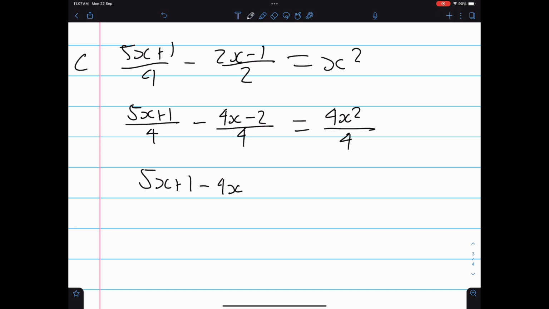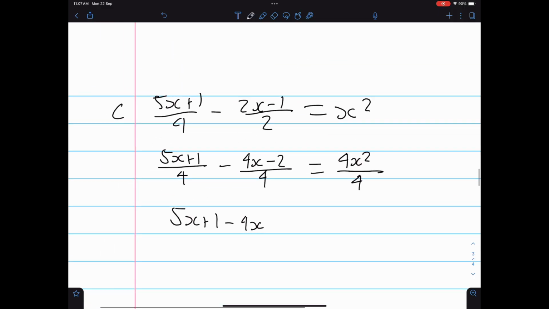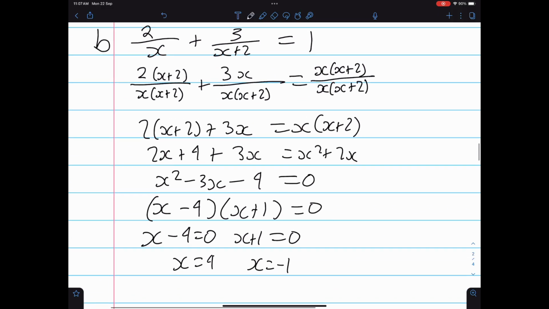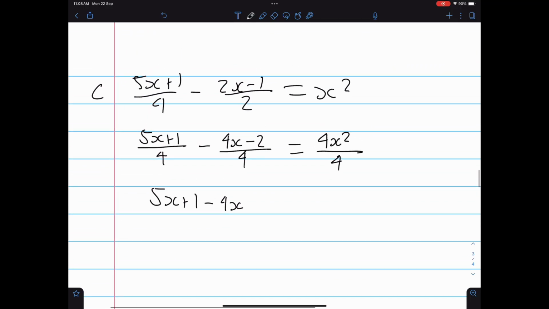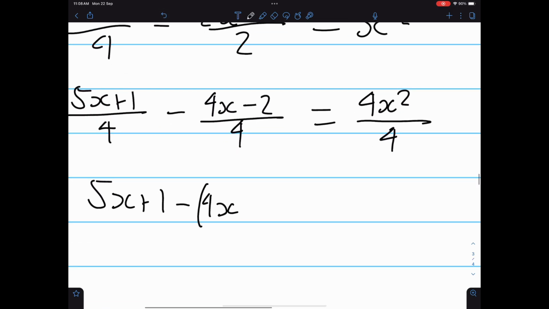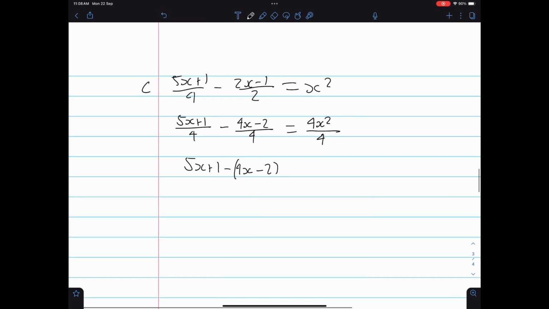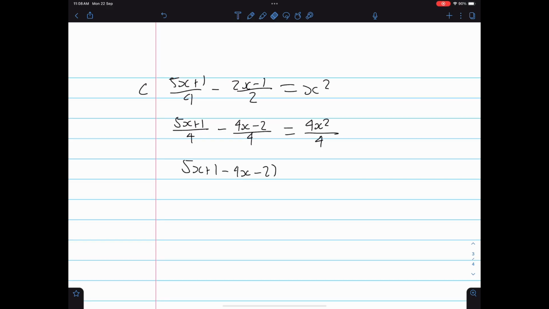And here's where we need to be careful. Just checking if we made that. Okay, no, good. We are minusing this, and you have to imagine some brackets here. So if we are doing this, this is the same as subtracting 4x but then adding that 2.